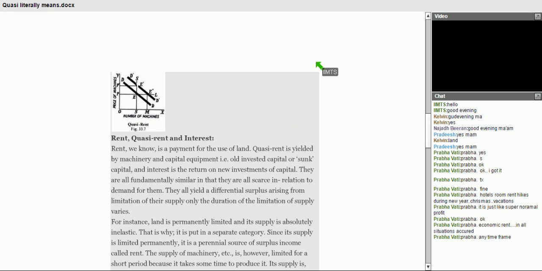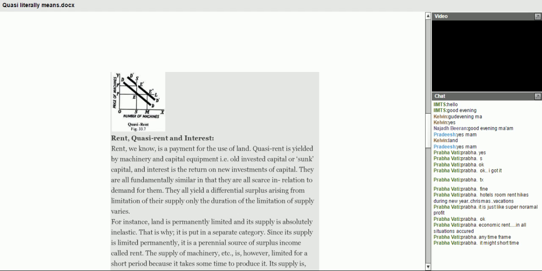So what are the characteristics of quasi-rent? Can you just tell me the characteristics of quasi-rent? What do you think could be the characteristics of quasi-rent? It's short term.